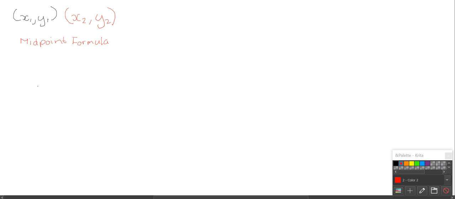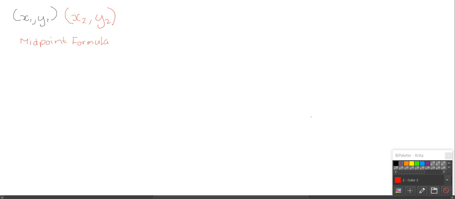A very fast way of finding the exact middle of two points is just to find the mean or the average. Our mean formula is to add up all the points and then divide by how many points there are. Because we're talking about 2 points, x1, y1 being our first point, x2, y2 being our second, we only have to add 2 points and then divide by 2.